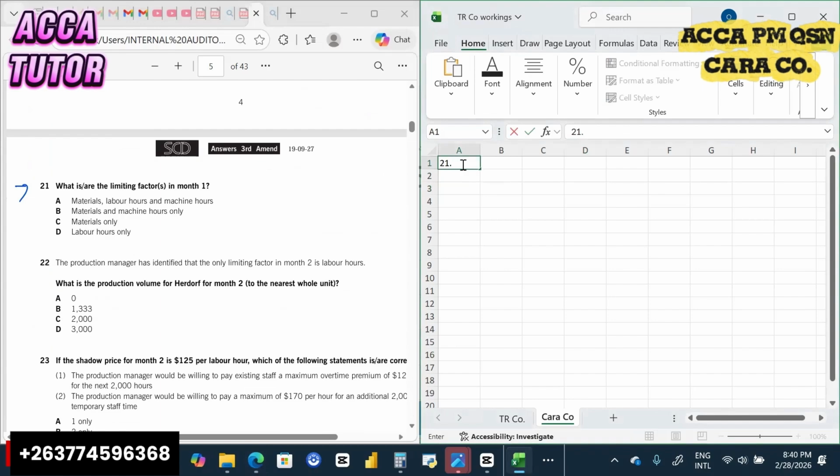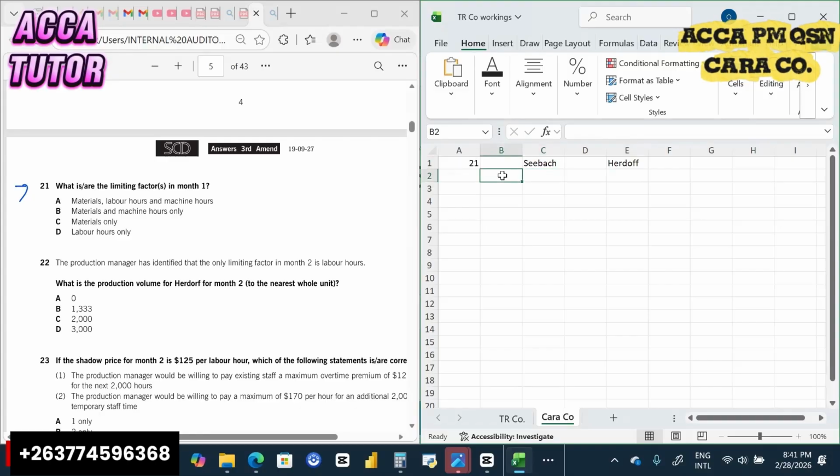For question 21, let us say C batch, head of, units produced, units demanded.